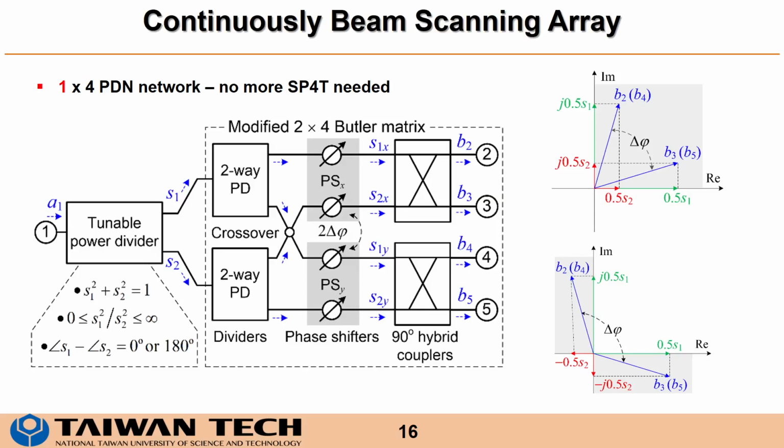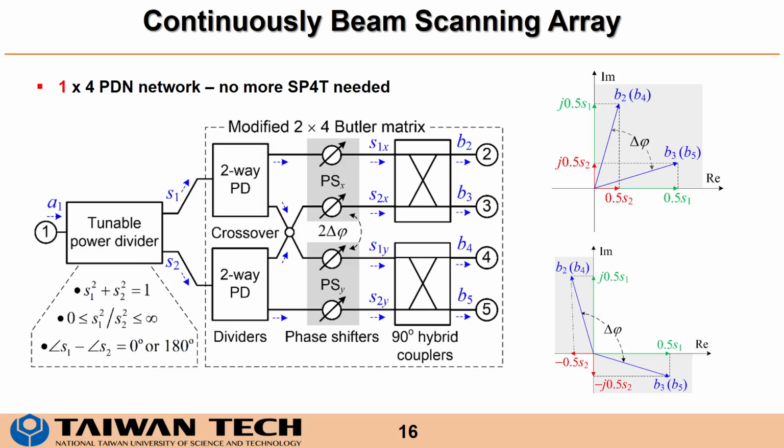And the next one is the continuous beam scanning array. In this design, we try to create a one-layer power divider network that removes the SP4T needed.